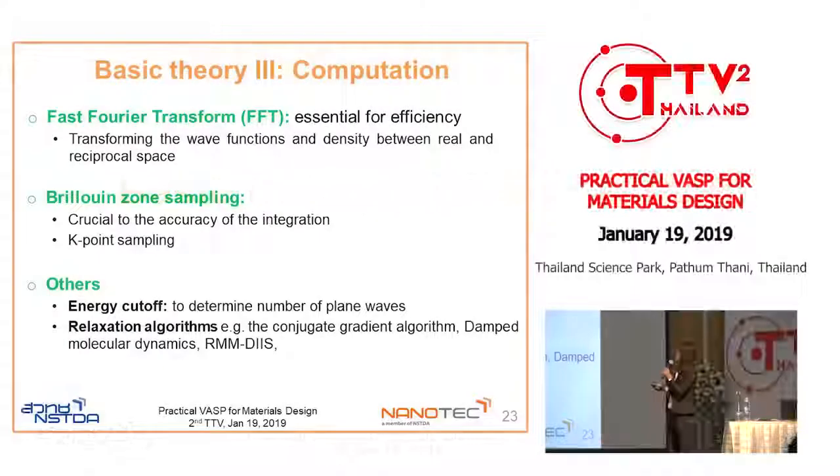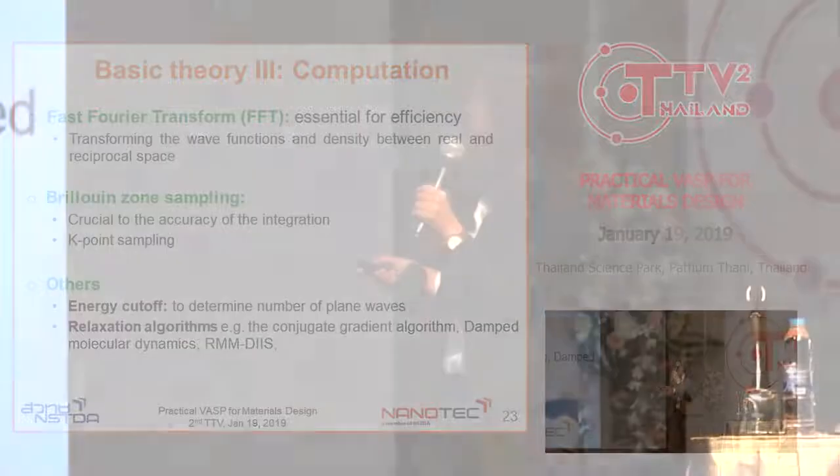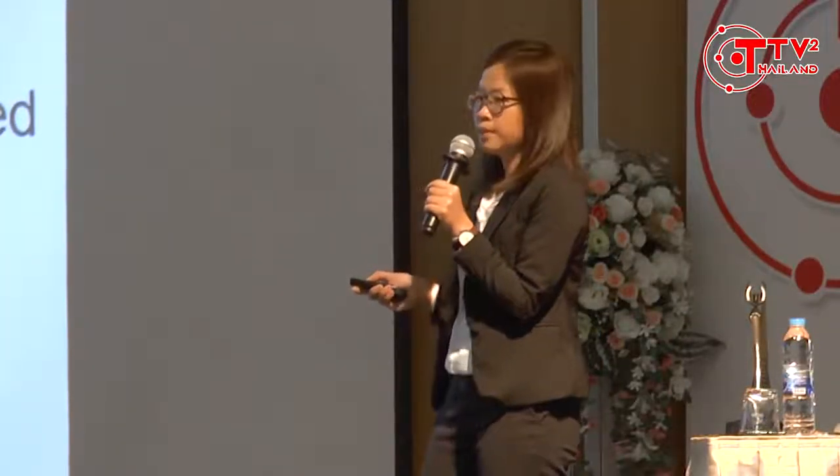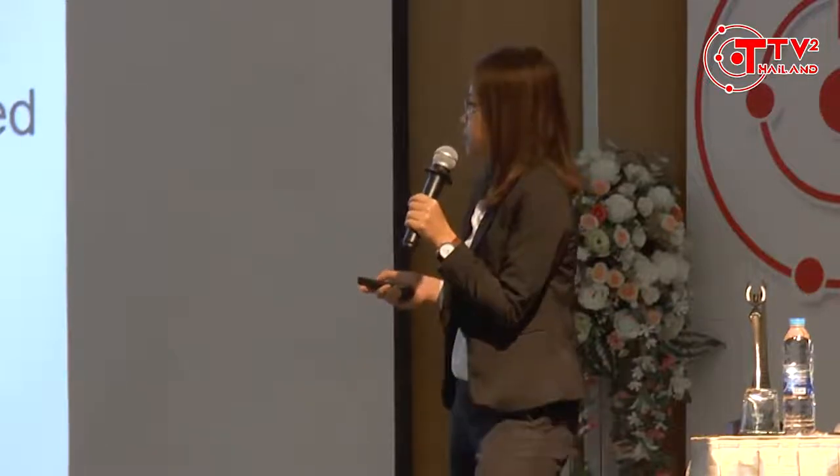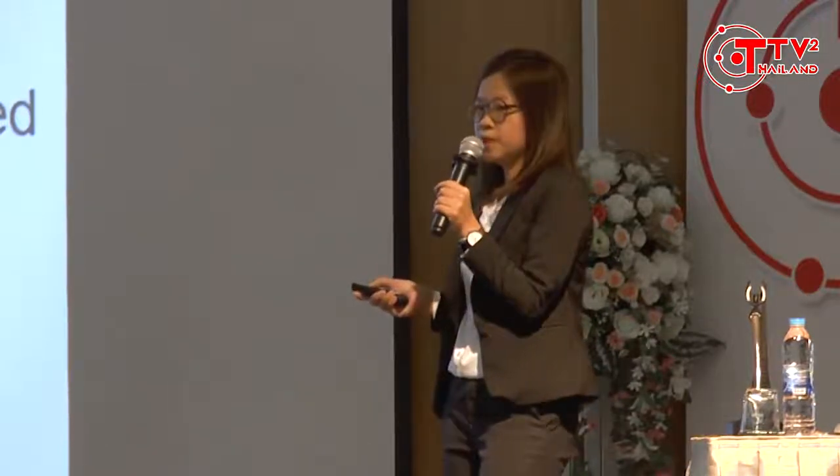For the plane wave, it has the advantage of using FFT to transform back and forth between real space and reciprocal space. And we have to do the sampling of the Brillouin zone that I showed you at the beginning, the K-point sampling. So this one, the K-point sampling, is also important.